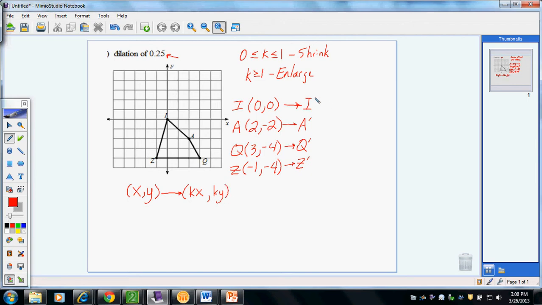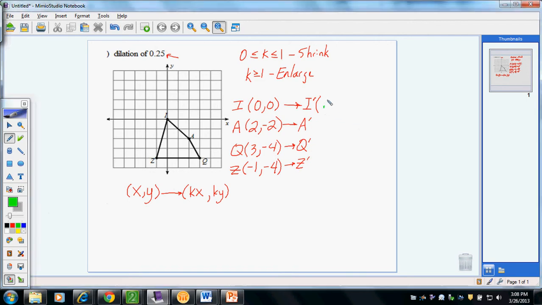So in this case, I prime, we take our original x and multiply it by 0.25. Let's just keep that in order here for a second. Since our rule says our scalar is going to be k, let's label it as such.